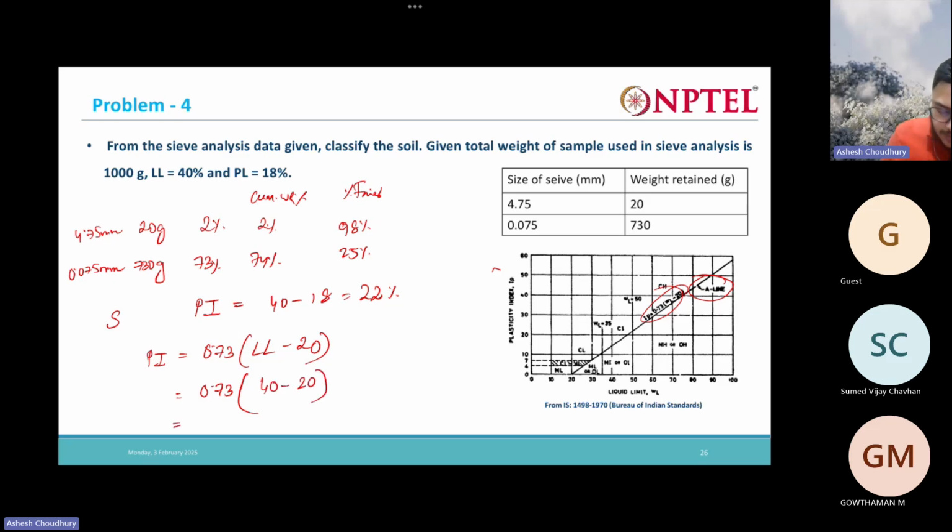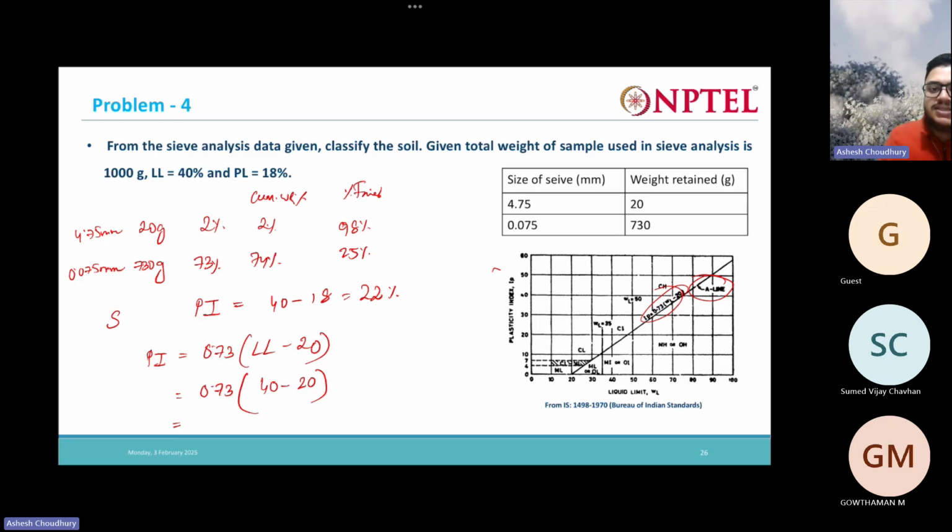So how much is this one? Calculate. Whatever I have written, 0.73 liquid limit minus 20%. Calculate the value of plasticity index that you get from this equation. What is the value of plasticity index corresponding to a liquid limit of 40% on the A line?